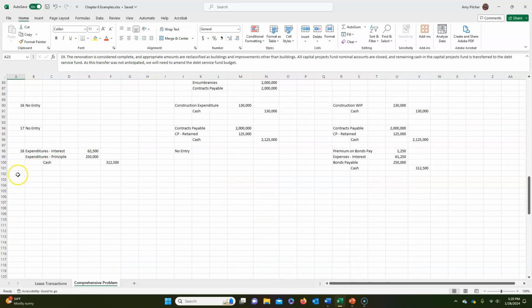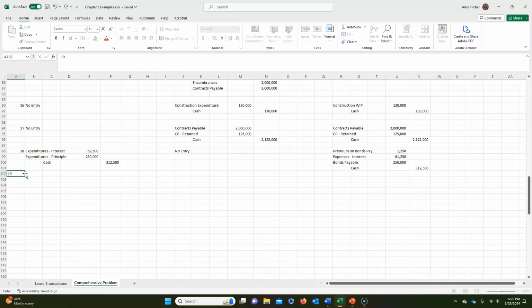So first, in the debt service fund, we are going to receive cash of $120,000 from other financial sources, interfund transfer.